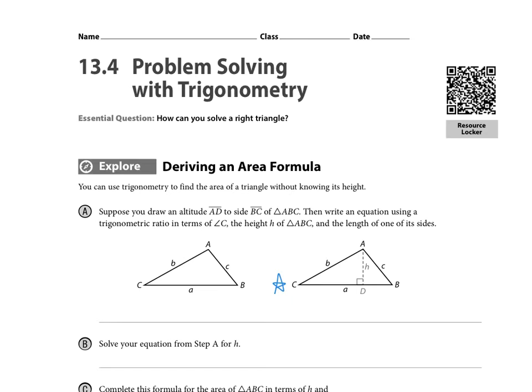Because all we really know is involving angle C and this h, we do not know this length from C to D, because the a here is meant to be, just so you can keep that in perspective, just like over on the left here, a is the length of the whole side CB. So we can't figure out what CD is, but we do know the length of b here, and we know h. So because of that, that's our opposite and our hypotenuse. And so we're going to write a trig ratio of sine of angle C is equal to h over b.